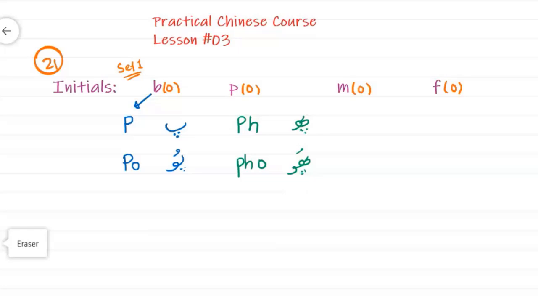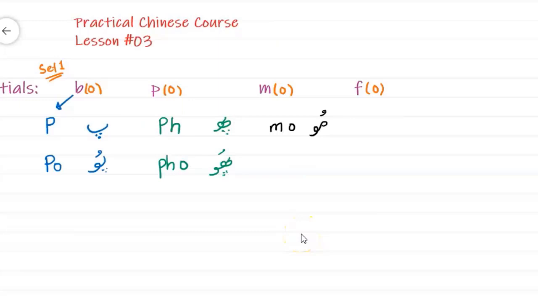The third initial, we are going to read with this. Now you have to read after me. Mo. Yeah, it is similar to English. And the last initial from this set is Fo. Yeah, right. So you have to read like this.